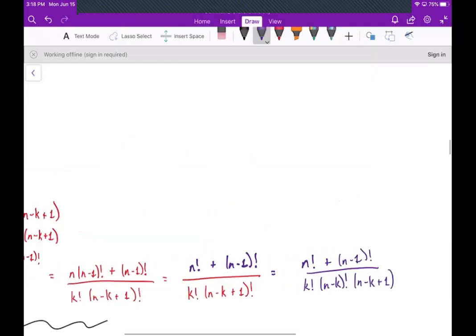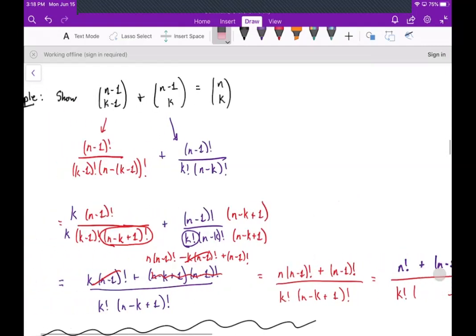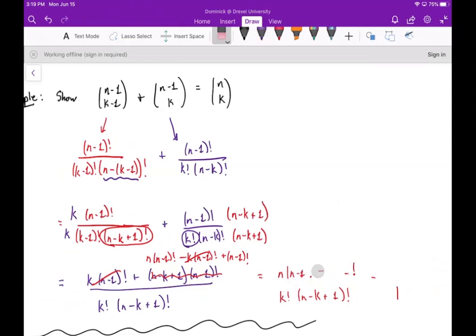Okay, we're going to backtrack here because I see that I made a mistake. So let's erase this. So when I found this term right here, I forgot the n minus 1. So it's actually going to become just an (n minus k) factorial. So it's going to make our life a little bit easier. So let me backtrack here.